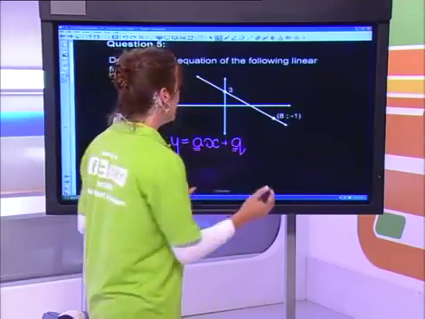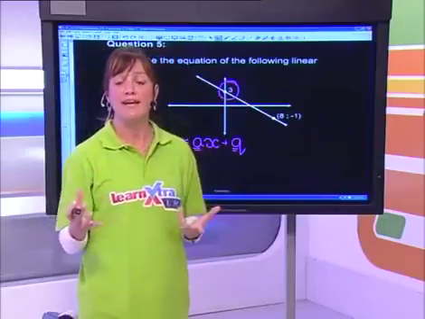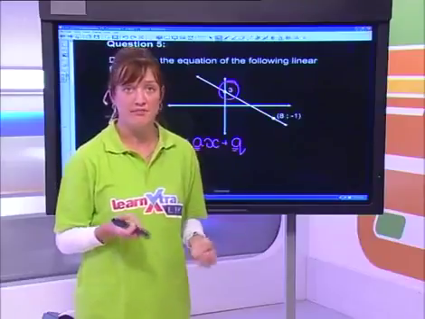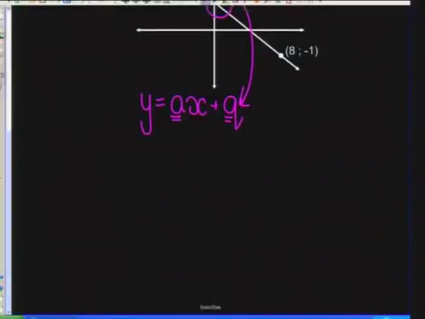What they have quite clearly told me is that I've got a y-intercept of positive 3. So I know, or we should know, that that then goes into our q, because that's the y-intercept. So let's substitute that in. So I've got y is equal to ax plus 3.